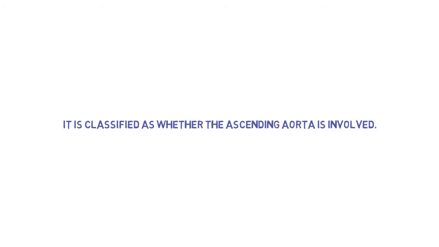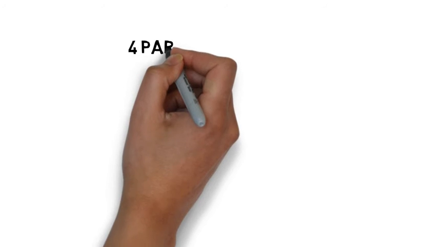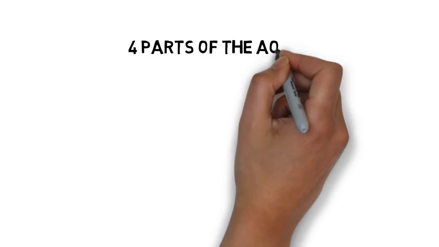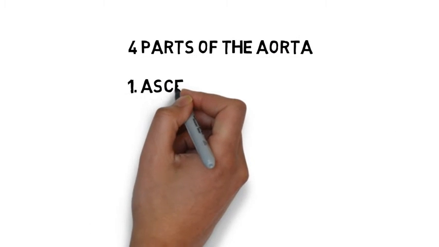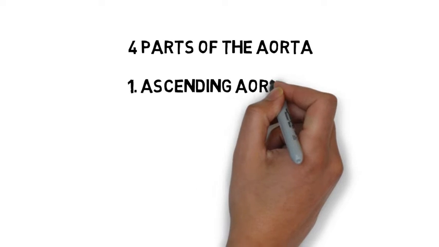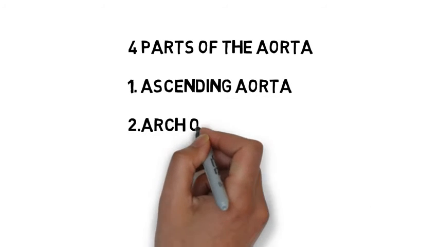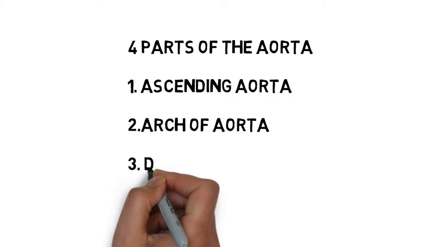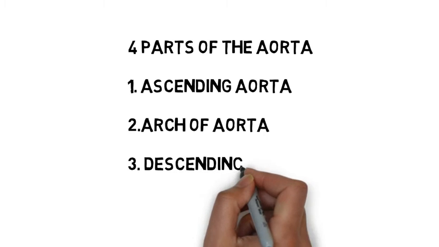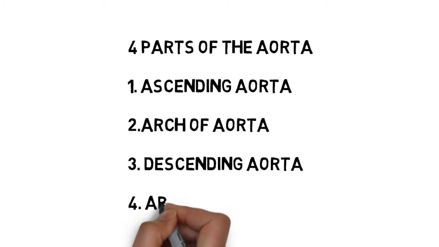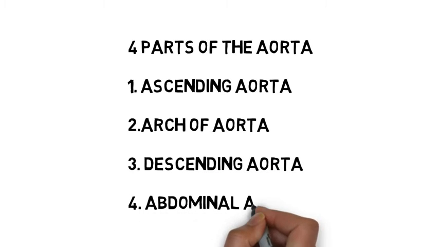In terms of the anatomy of the aorta, there are four key parts: the ascending aorta and the arch of the aorta, the descending aorta, and finally the abdominal aorta.